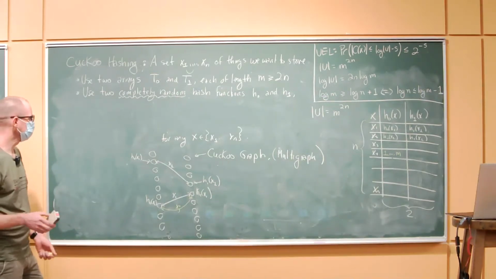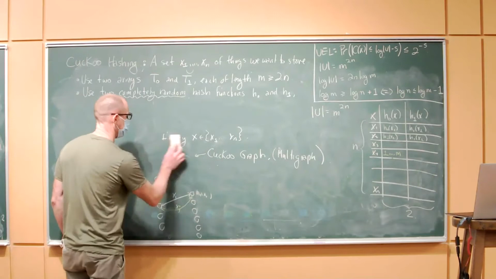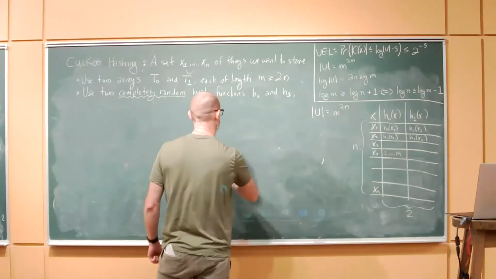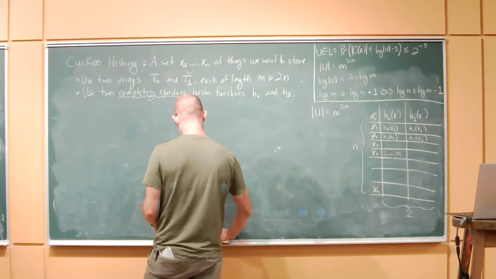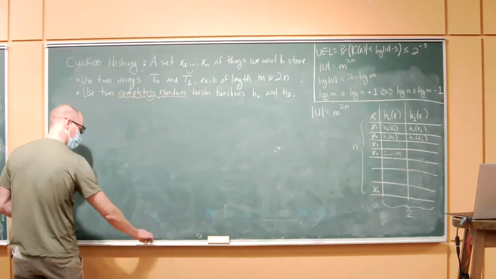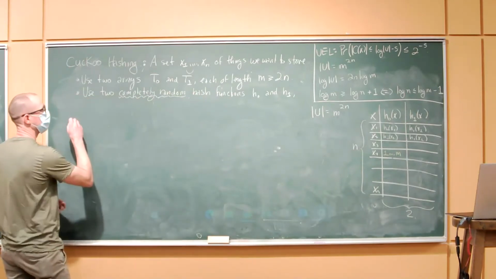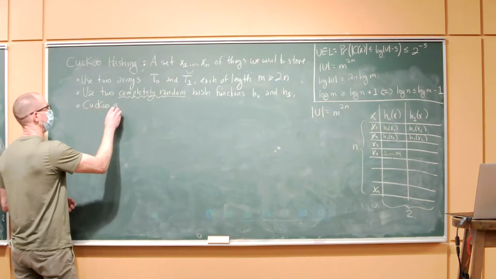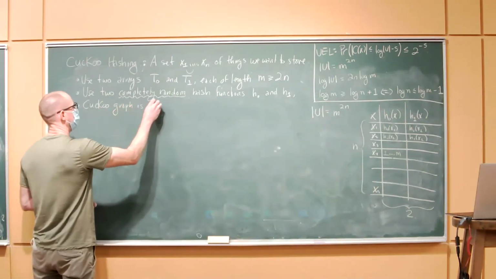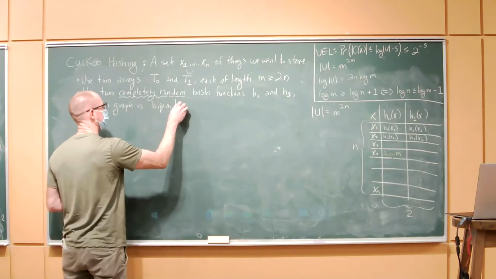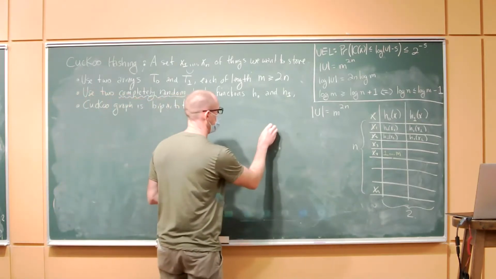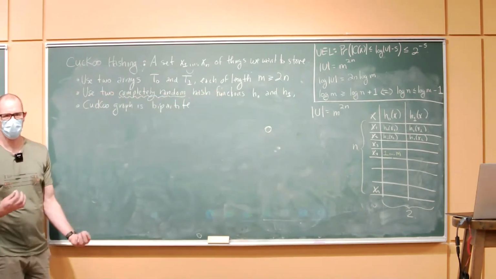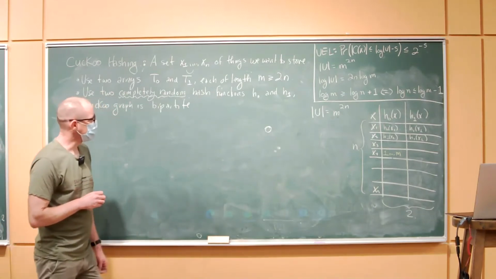So let's ask what sounds like a simple question. Let me just recall that the Cuckoo graph is bipartite. What does that mean? Well, that means that any cycle has even length. And why is that the case?